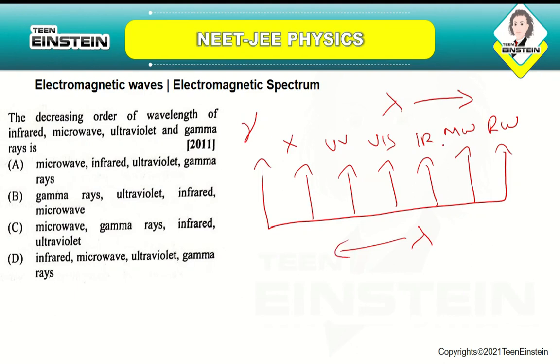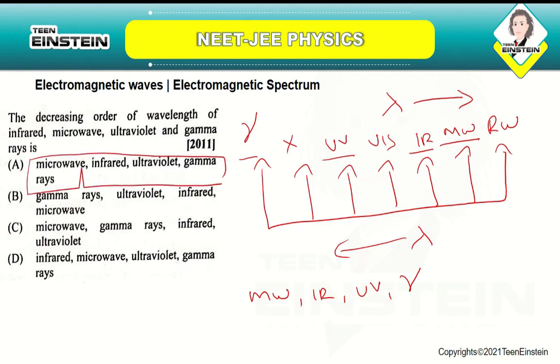First comes microwave, then IR, then ultraviolet, then gamma. So it is microwave, IR, UV, then gamma. Looking at the options, option A is the answer.